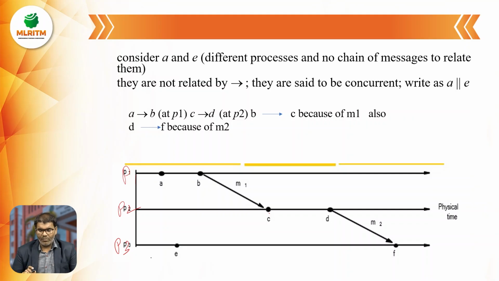There is a connection among the others, that is A turns to B turns to C turns to D turns to F. There is no connection for E. So here we are doing the processes for 3, and in that we are sending the messages, that is A to B to C to D, and D to F. So here A is sending the message to B, and B is sending the message to C with M1, and C is sending the message to D, and D is sending the message to F with M2.